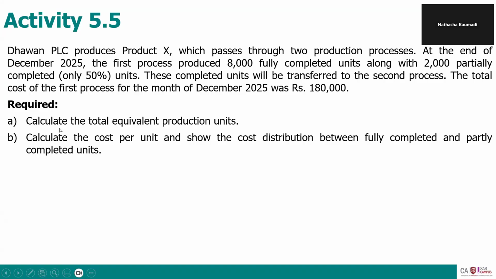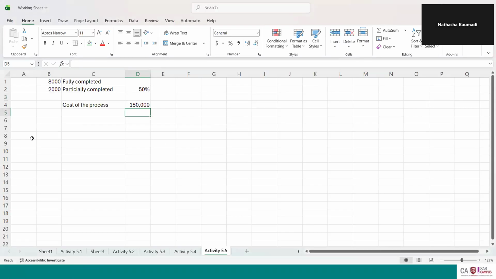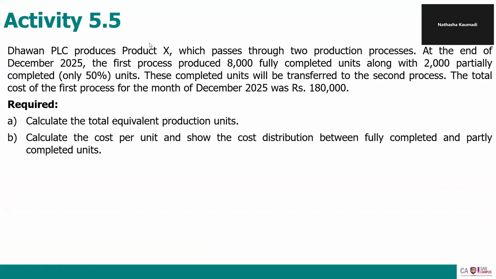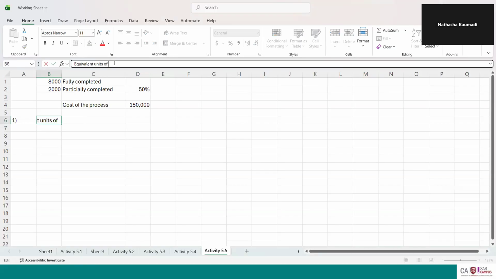The first one, calculate total equivalent production units. Now, when you calculate the total equivalent production units, first of all, shall we calculate equivalent units of closing WIP, since at the end of December means closing WIP.